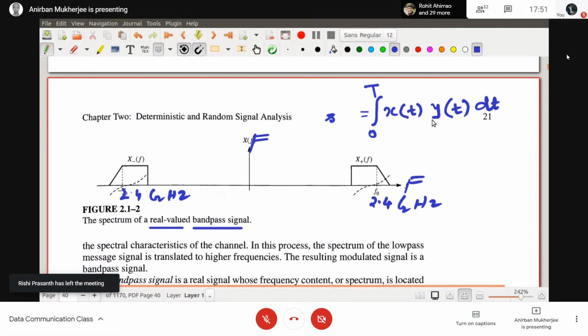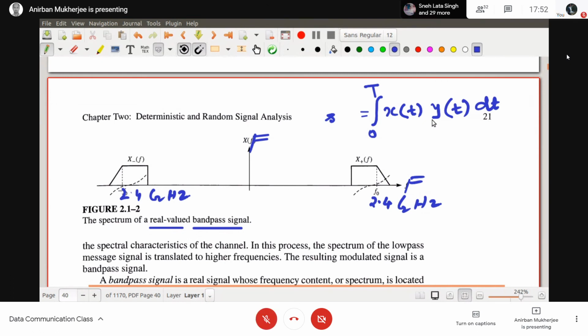If it is a complex vector, you do the summation of A_k B star_k.